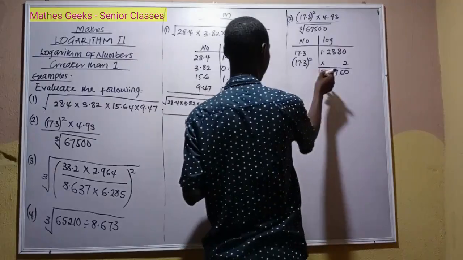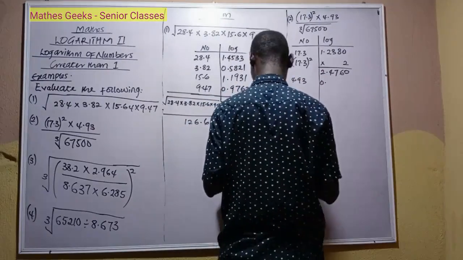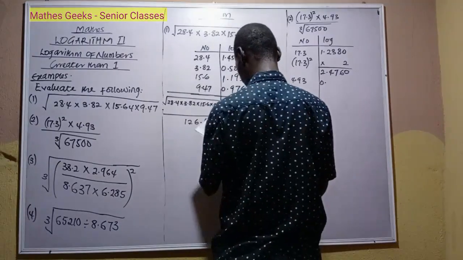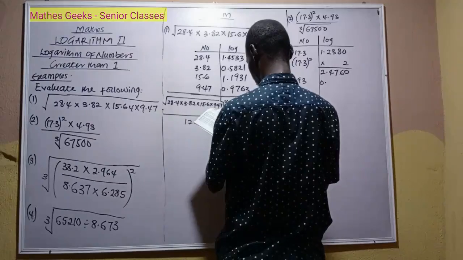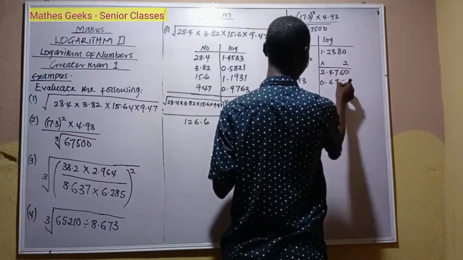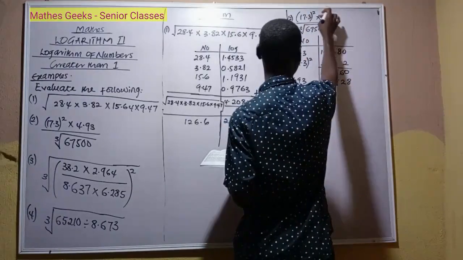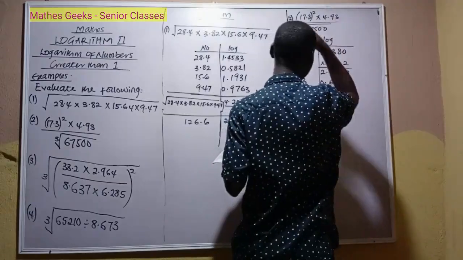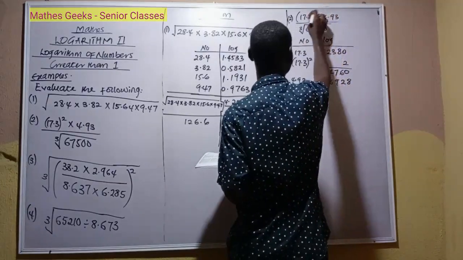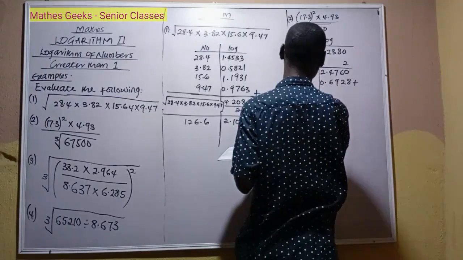Then 4.93. 0.49 under 3 will give us 6928. Since this is the numerator, and in the numerator we have two numbers that multiply each other, we're going to add.